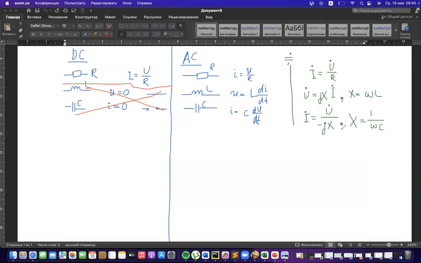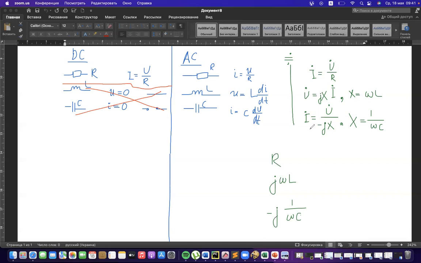It is our main formula for alternating current. And if we use the Ohm law for these three elements in complex numbers with resistivity R, imaginary resistivity j omega L, and imaginary resistivity minus j over omega C, we will obtain the correct calculation, and we could use all other methods such as mesh currents, nodal voltages, and any other methods that we want.